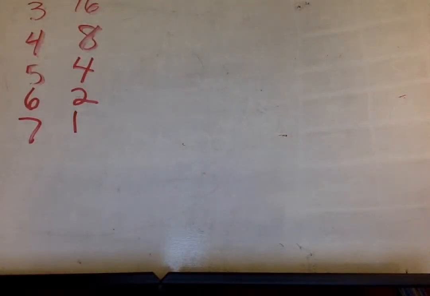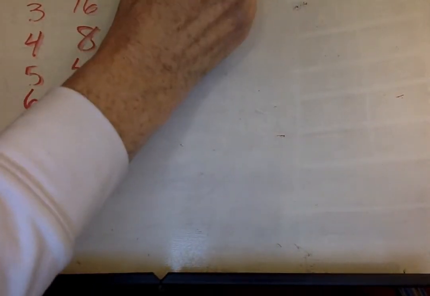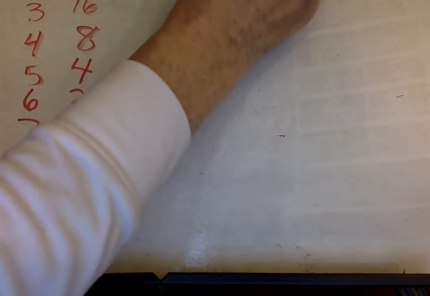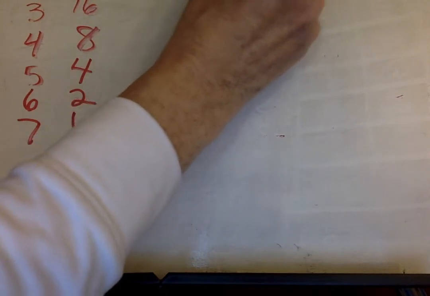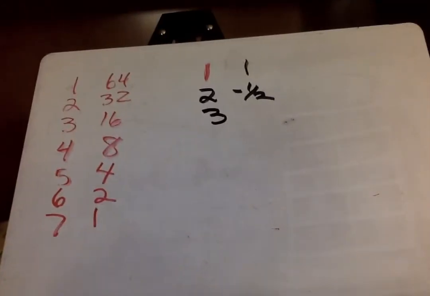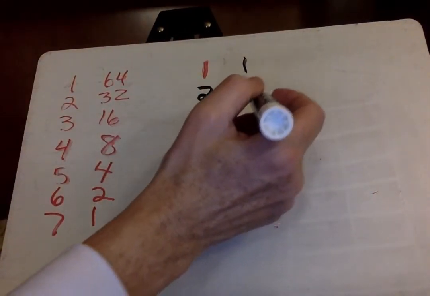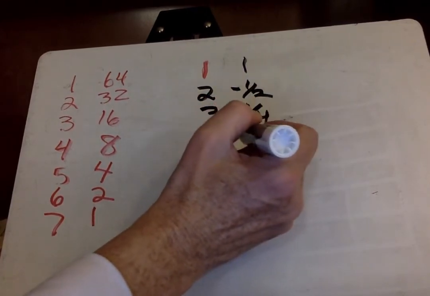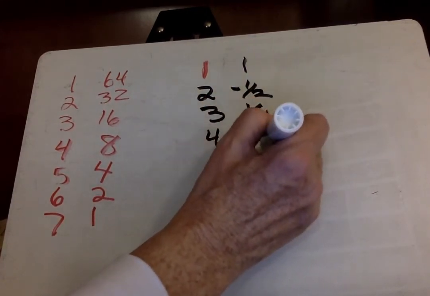Again, I'm going to go back to this, where our first term, maybe I'll have to use the black marker. Our first term is 1. Our second term is -1/2. Our third term is 1/4. Fourth term is -1/8.